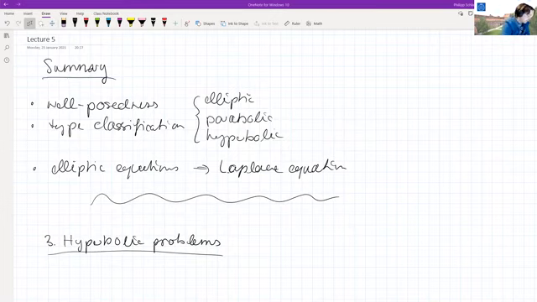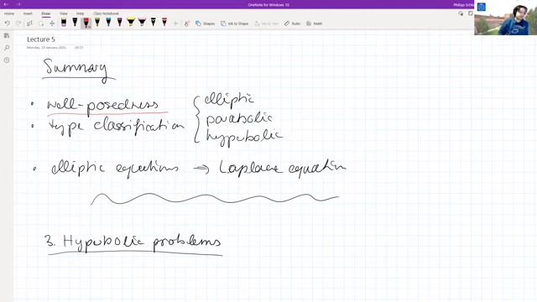So that's yesterday afternoon. We started to look at the concept of well-posedness of differential equations, and we realized that in the end it's three different properties that are important for well-posedness, namely that a solution exists, that it needs to be unique, and it needs to depend in a straightforward way on the boundary conditions.